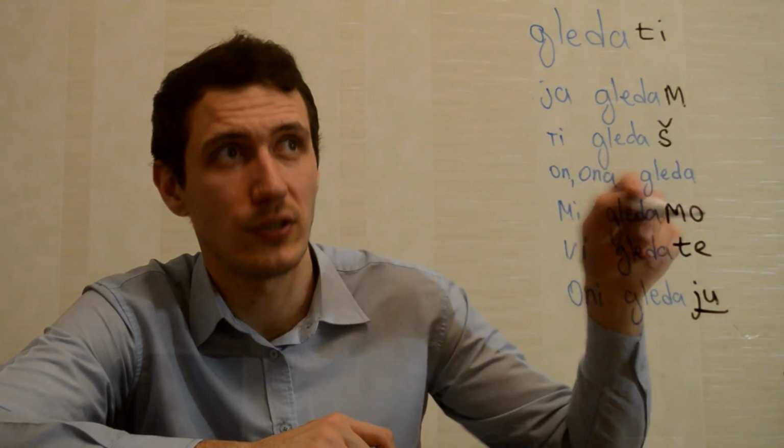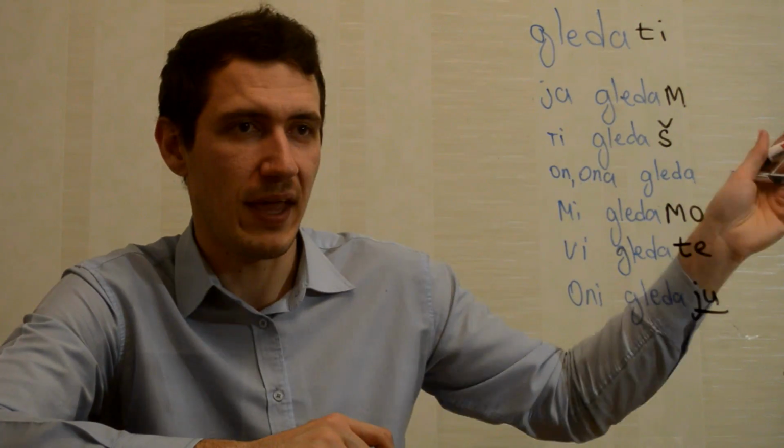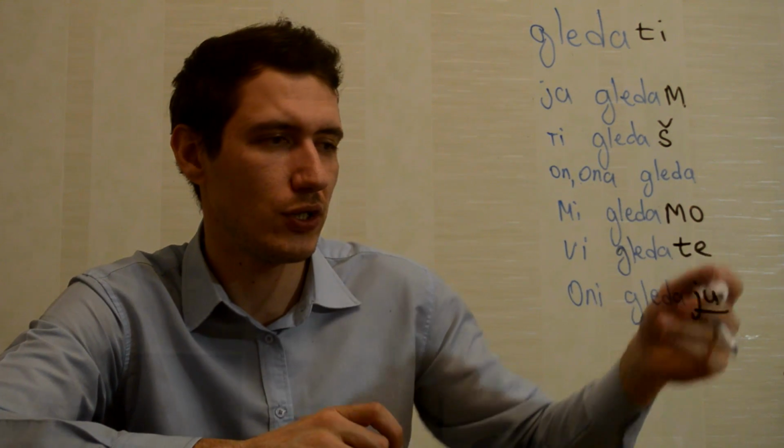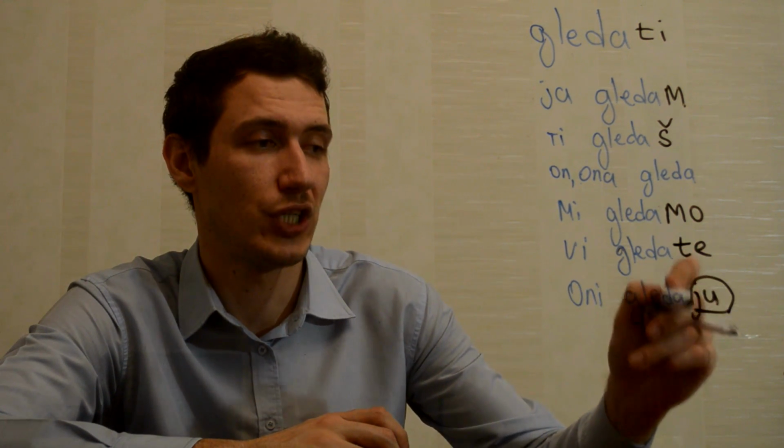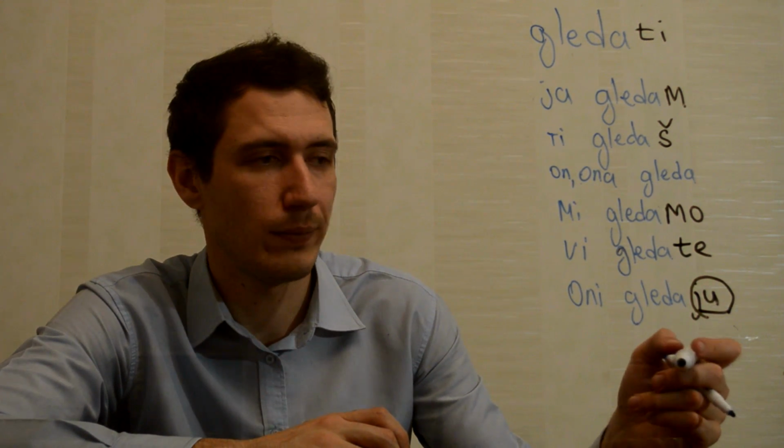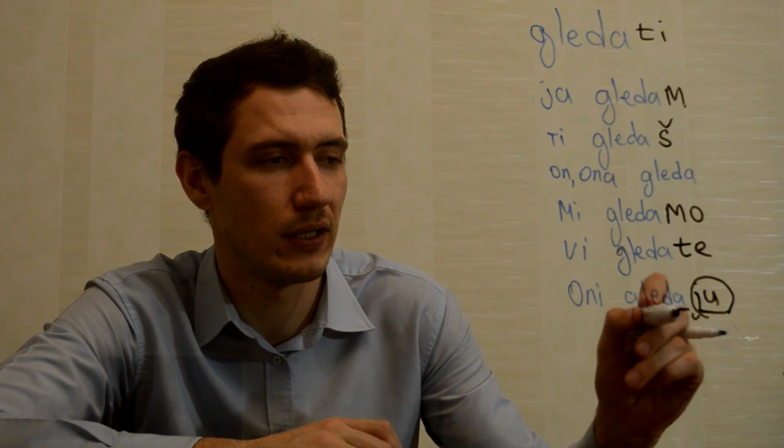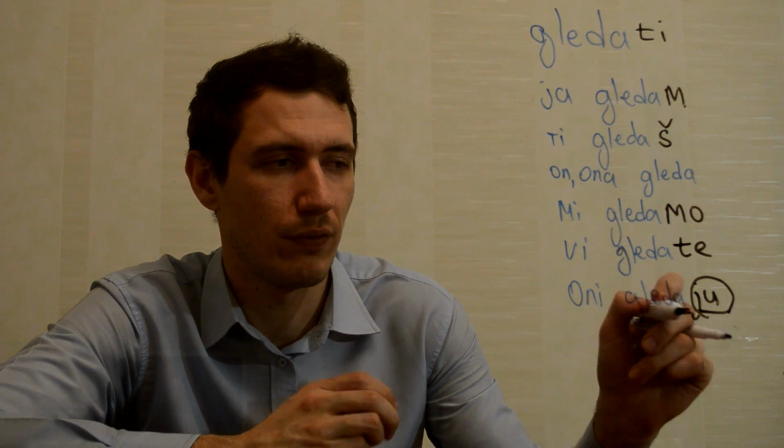The third person plural, so when we say they speak or they watch, the ending might change on other verbs depending on the last letter of the root of the verb.